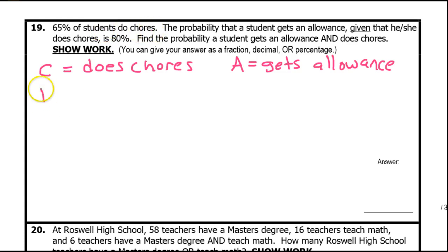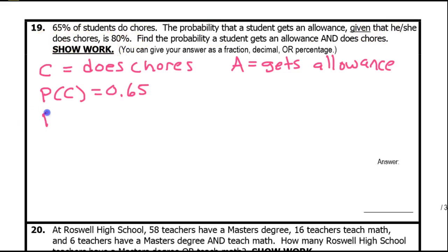So we know that the probability of C is 65%, or 0.65. Decimals are probably the easiest way to do these word problems, instead of percents. The probability that a student gets allowance, given that he or she does chores, is 80%.